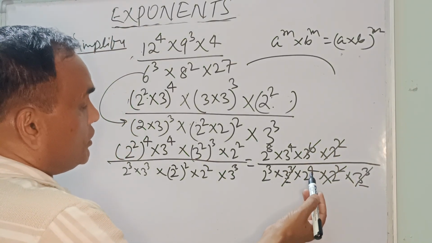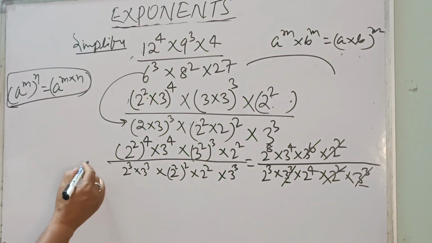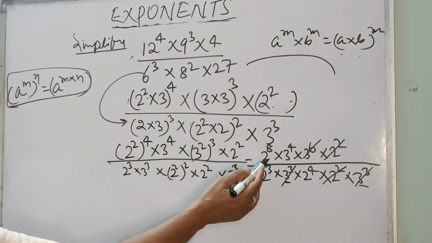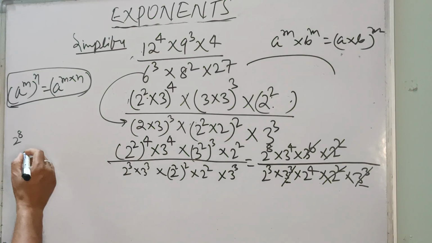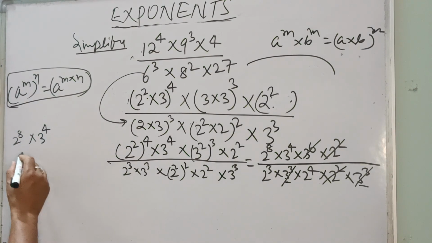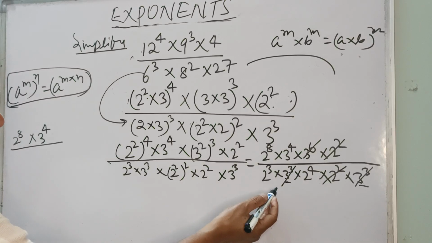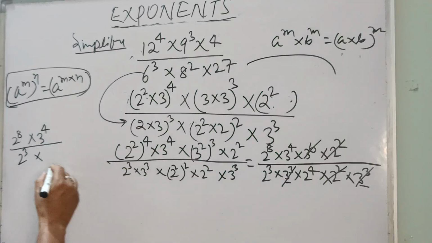Now what are we left with? We can write here 2 to the power 8 and into 3 to the power 4, upon 2 to the power 3, 2 to the power 3 and 2 to the power 4.